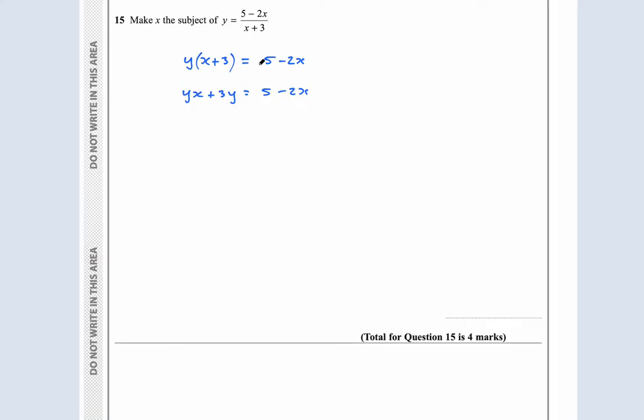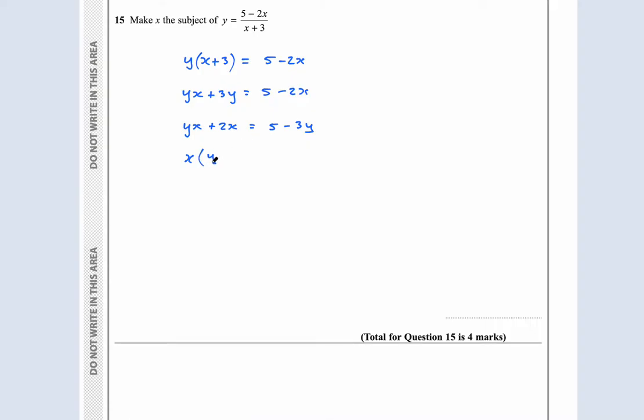Then because I'm making x the subject, I'm going to get all the x's on the left. So I'm going to get my yx plus 2x gives me 5 minus 3y. Then, and this is arguably the tricky bit, I factorize out x.